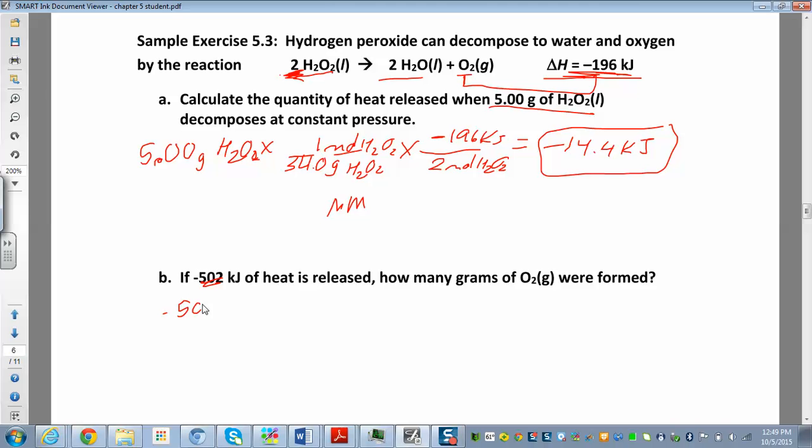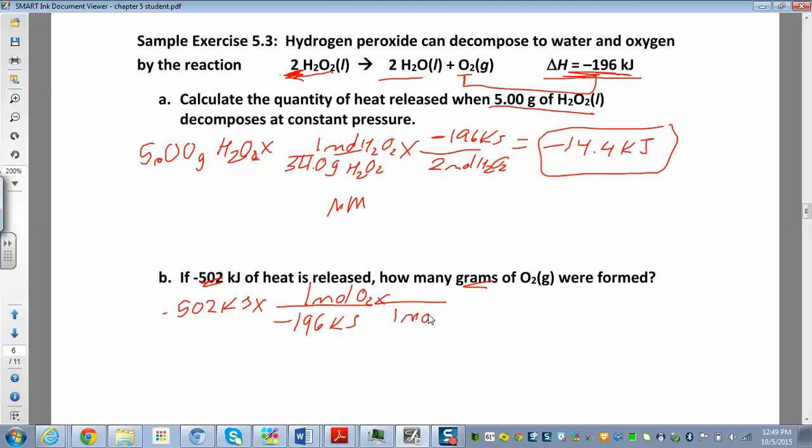So I'm starting off with negative 502 kilojoules, and I basically want to convert heat to grams. Well, I can't go right from heat to grams, but I know that for every negative 196 kilojoules, that's equal to 1 mole of oxygen. Now I have moles of oxygen, but I'm looking for grams. How do I go between moles and grams? Molar mass.